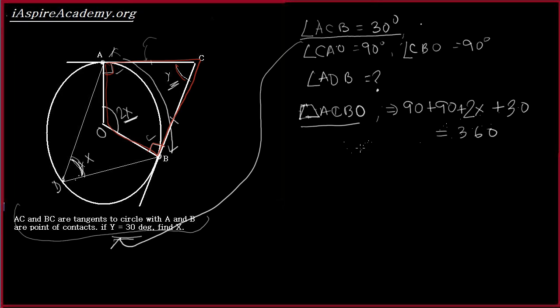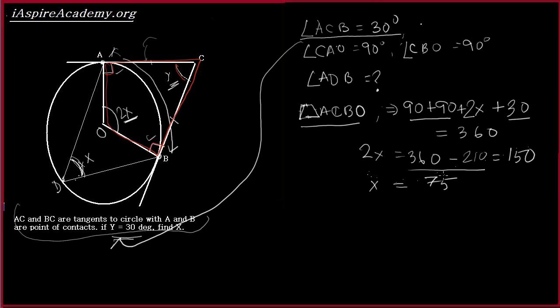So from here, 2x equals 360 minus 90 plus 90, which is 180, plus 30 is 210. So 360 minus 210 is equal to 150. So x is equal to 75. So x, our angle here, is equal to 75 degrees.